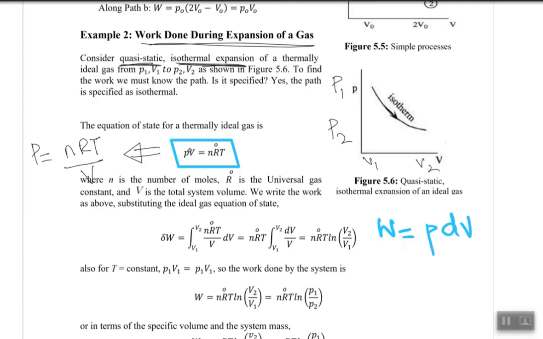And that V would not be specific, if you remember that. Put this value of P into this equation.